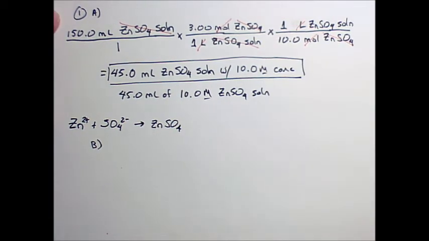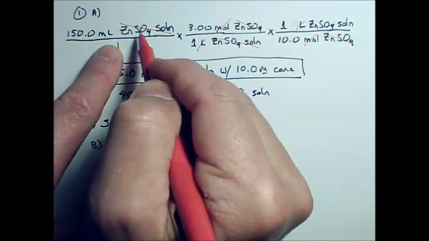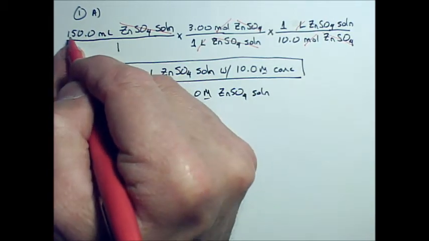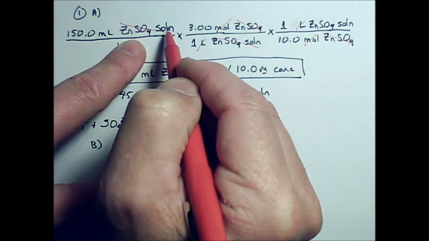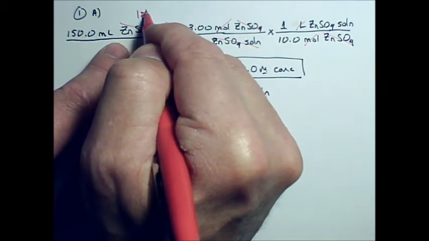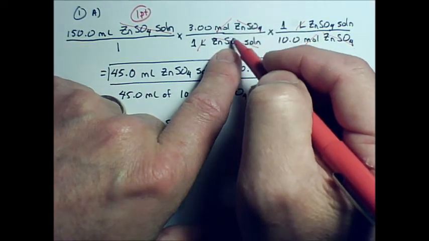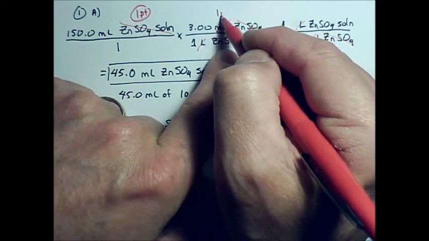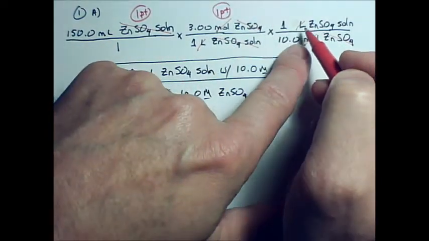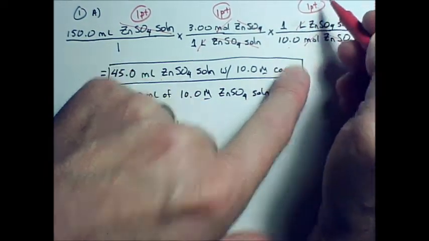But let's figure out how we're going to do the point scheme for this first. Putting the starting amount over 1, that means you have to have all of this, 150.0 milliliters zinc sulfate solution. That's worth 1 point. Setting up the concentration unit in this way, with all the units and all the species, is worth a point. Setting up this flipped concentration unit is worth a point.